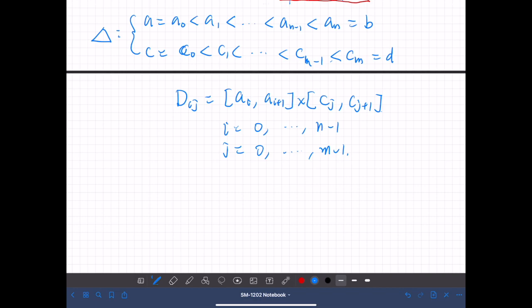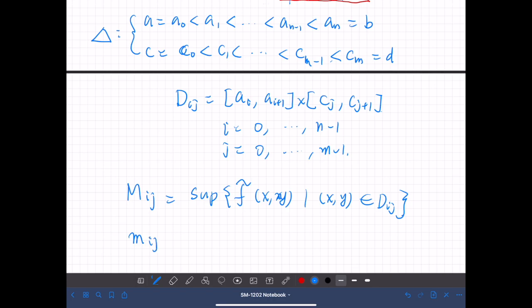Let's define these quantities: uppercase Mij as the supremum of the value of f tilde at (x, y), where (x, y) is in Dij, and lowercase mij as the infimum, where (x, y) is in this smaller rectangular region.